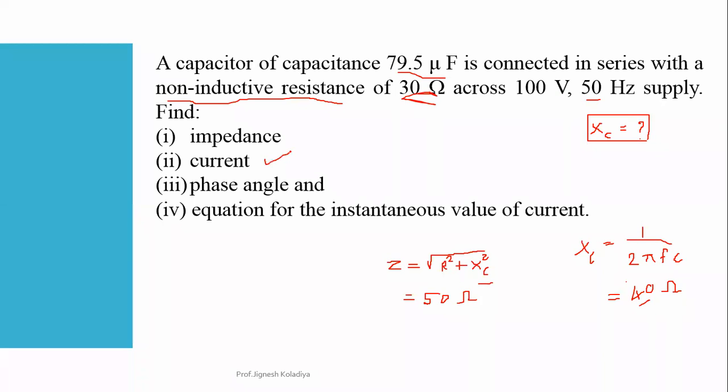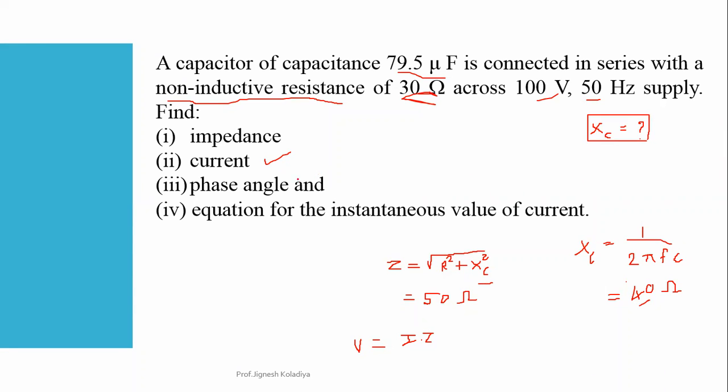Now you have to find the current. So how can we find the current? V is equal to I into Z. Z is there, and V is already given as 100. So it is 100 by 50, so it's 2.